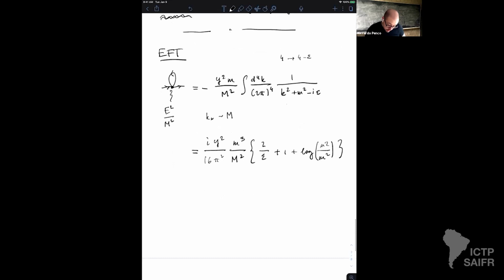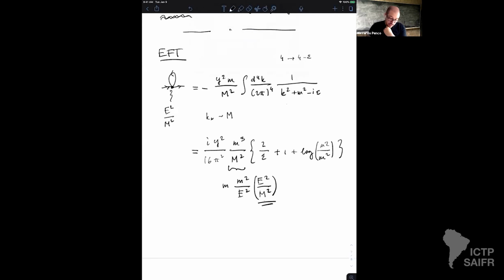Now you see that in dimensional regularization, as advertised, we have our suppression of E squared over M squared, as befits a diagram built out of a quartic vertex.